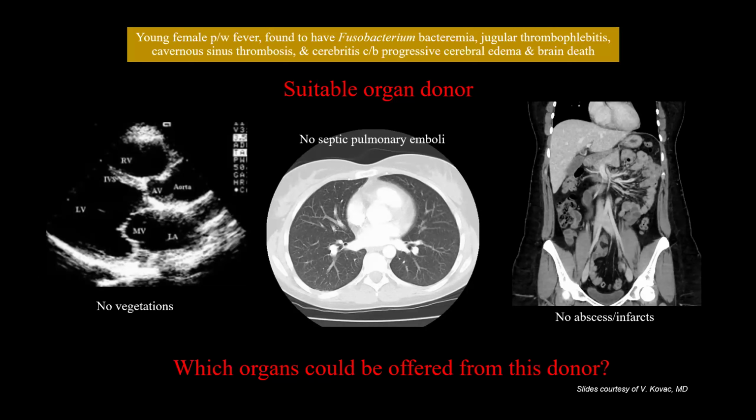You see the echo here that didn't show vegetations, no septic pulmonary emboli on the CT, and no abscesses, infarcts, or other septic emboli in the abdominal organs. Fortunately, this organ donor went on to be able to have multiple organs, both thoracic and abdominal, transplanted, and those recipients were all doing excellent, and we had more than 18 months of follow-up for those recipients.